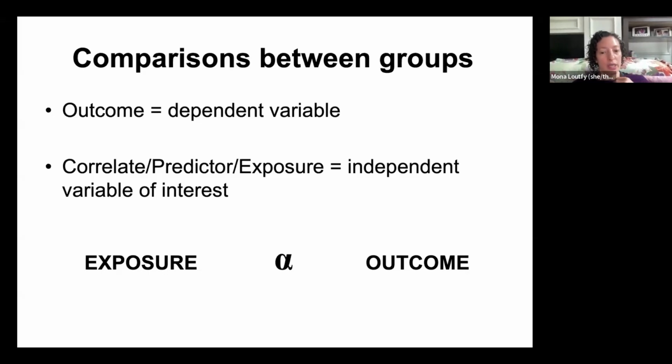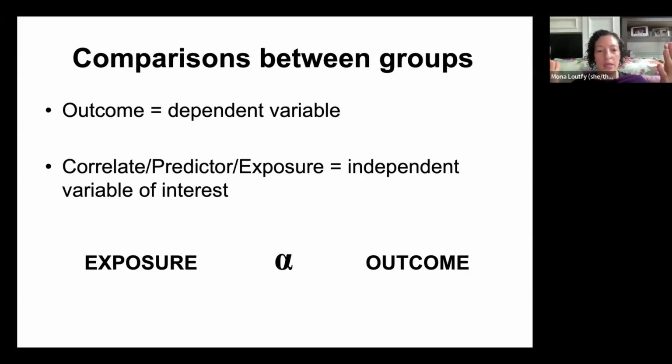Other words for independent variable depend on what field you're studying in. You might use the word correlate, or predictor. If you're studying epidemiology, it's called an exposure. When you do a master's in epidemiology, the independent variable is called the exposure.